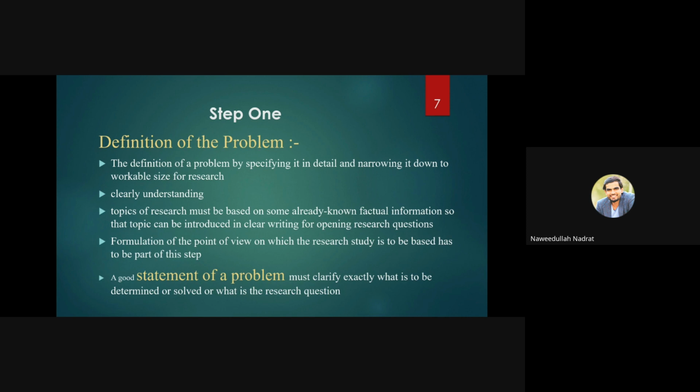So, for the clear understanding, it has to be related to some dimension, to some already known factual information, because your study has to be part of a theory rather than a completely imaginary thing.